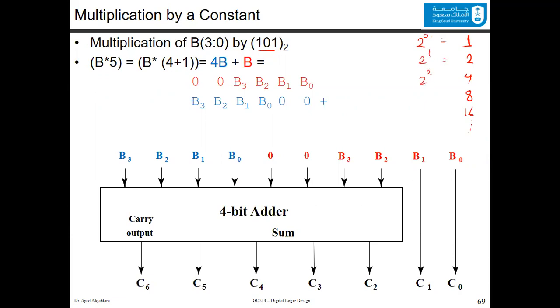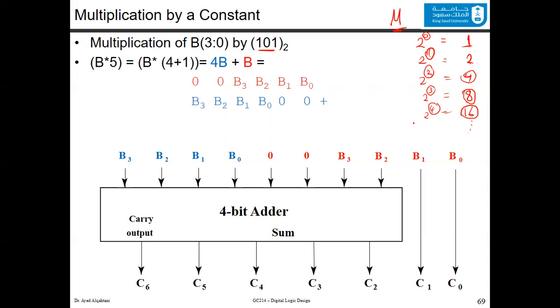This is 2 to the power of 2, 2 to the power of 3, 2 to the power of 4, and so on. If you want to do multiplication, if you want to multiply by 1, you keep the number as is, no shifting. If you want to multiply by 2, you shift to the left by 1. If you want to multiply by 4, you shift to the left by 2, and so on. You want to multiply by 8, you shift to the left by 3. You want to multiply by 16, you shift to the left by 4.